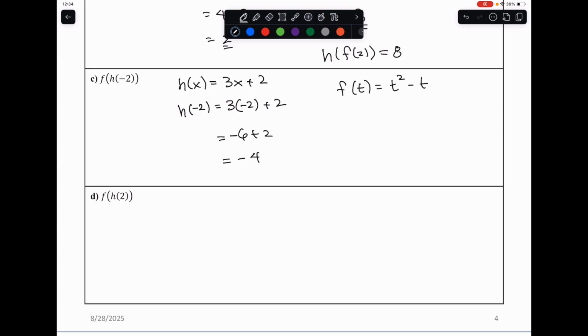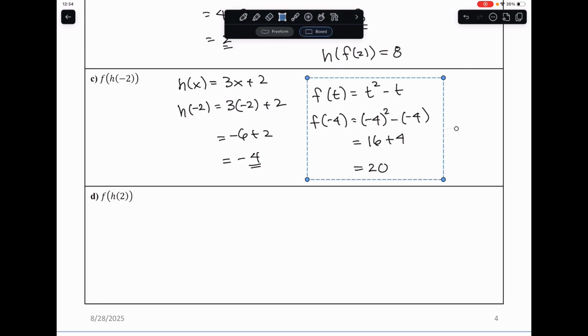So here, we're now going to get this answer and plug it into the second equation, the outside equation, which is f. So f of negative 4 would be negative 4 to the second power minus negative 4. This is 16, and subtracting a negative is the same thing as adding a positive. So we end up with positive 20.